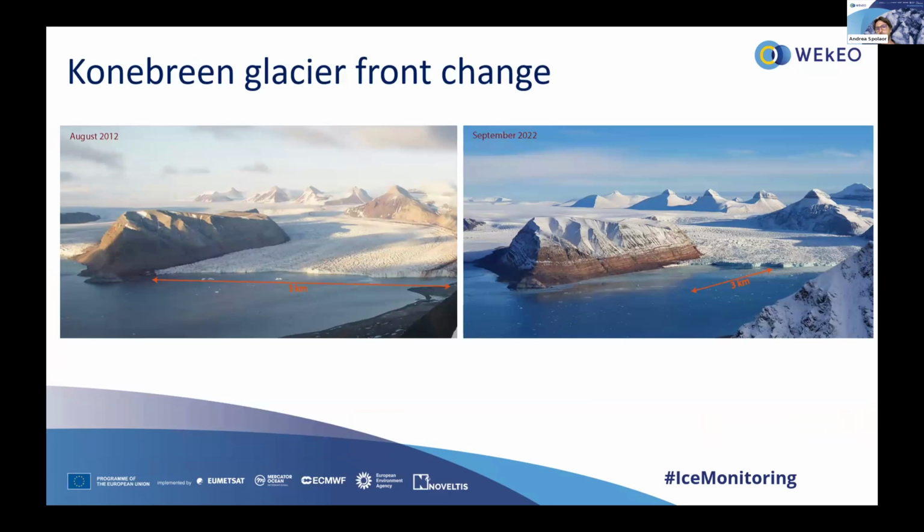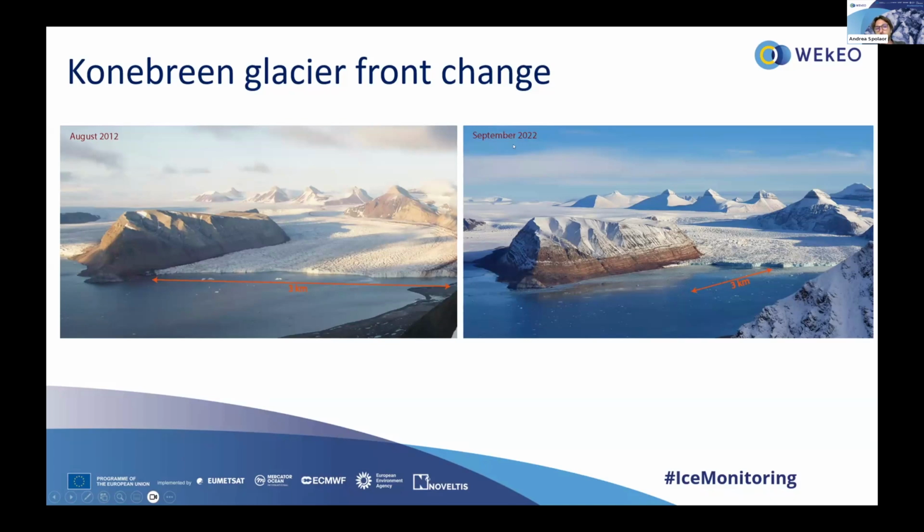Just to give an idea, I've been working in this context since 2012, and this is a picture of the Kongsvegen Glacier at the end of the Kongsfjorden, taken in August 2012. To give a reference, this is 3 kilometers wide.